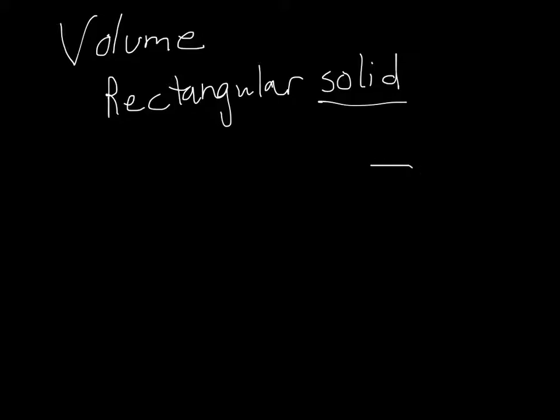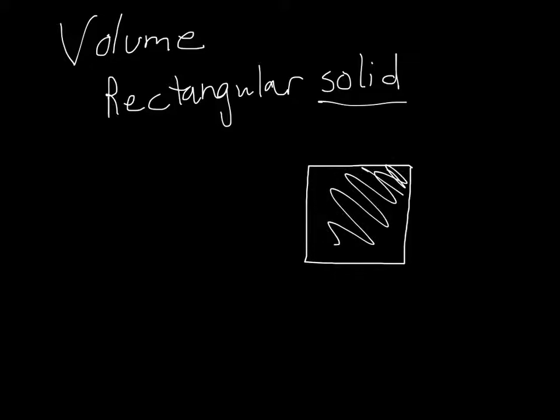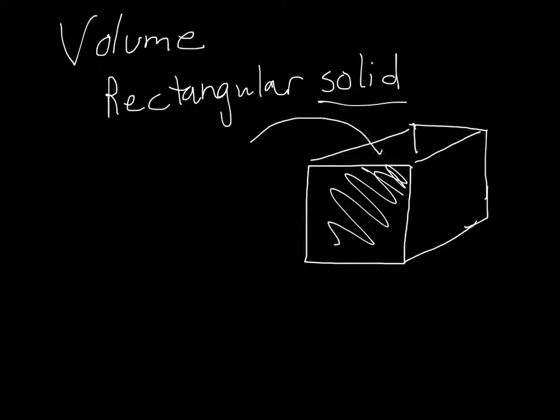So perimeter, remember, is measuring the whole outside of a two-dimensional shape. Area is looking at the surface area of one side, but volume is measuring the contents space inside of something. So imagine pouring water inside this box.